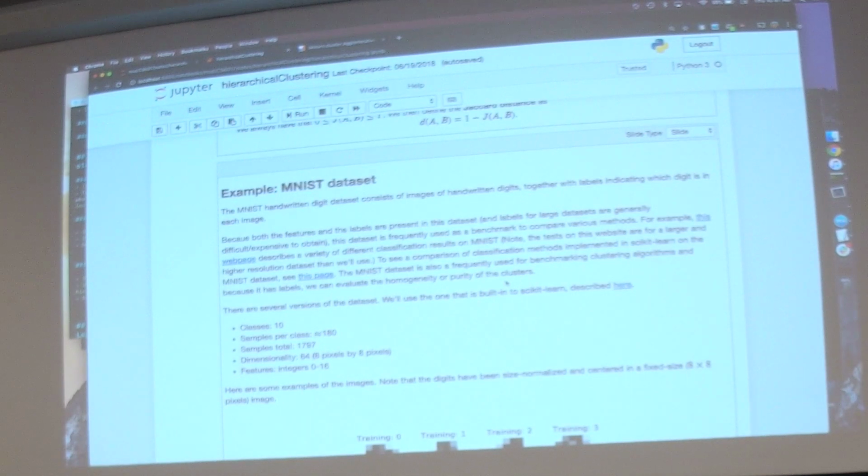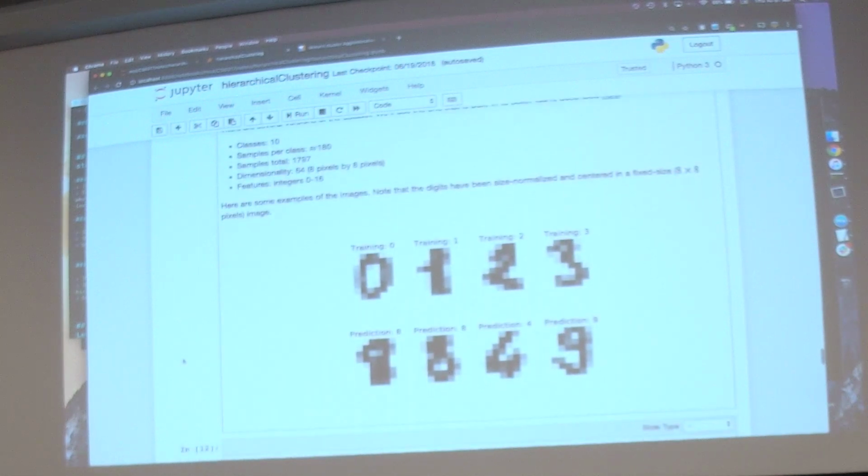Long history of this. We have 10 classes, 180 examples in each class. They're all 8 by 8 pixels. And I guess the integer is probably from 0 to 255 for each pixel, the brightness.